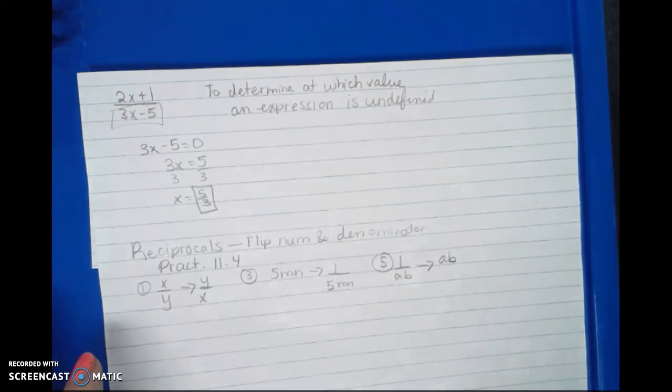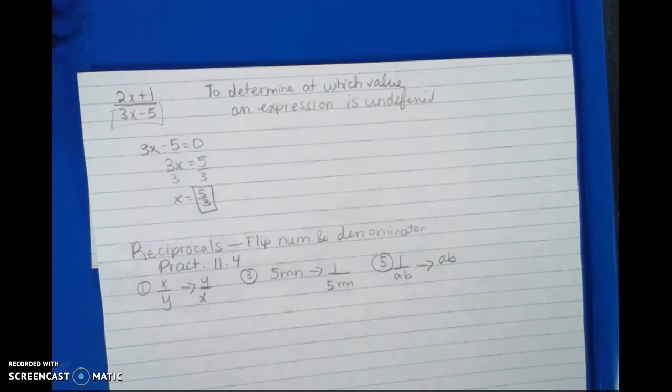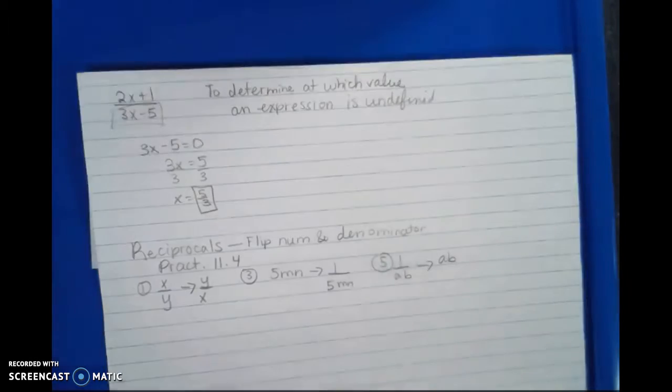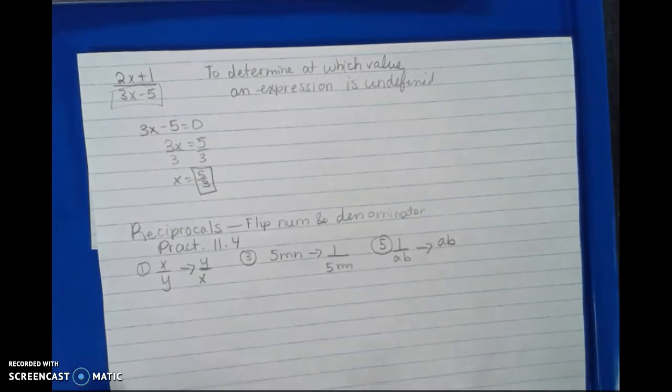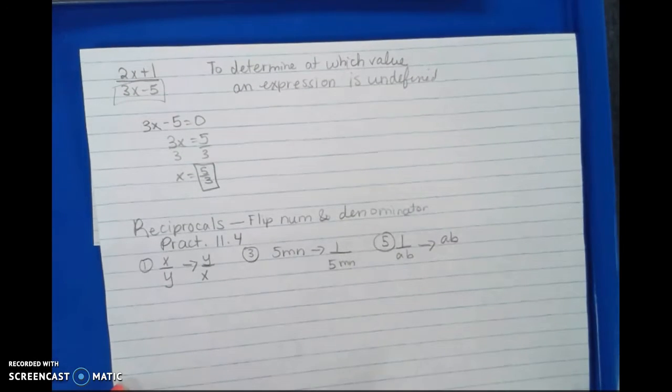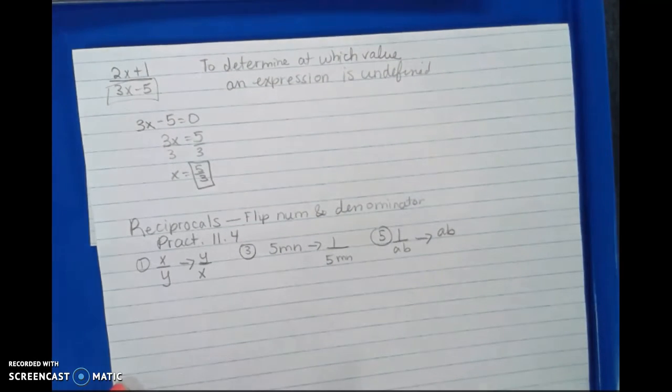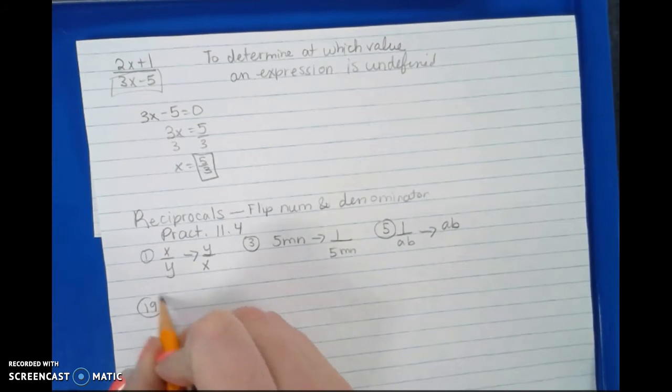The last thing to review for your quiz is actually multiplying or dividing rational expressions. We will do an example from practice 11.4 since we are already on that page. And we will do an example such as number 19.